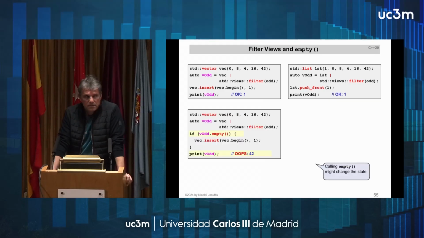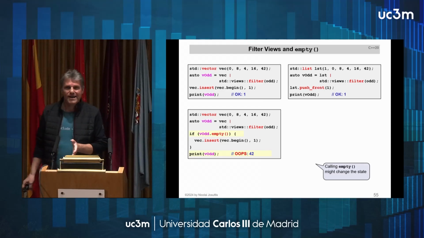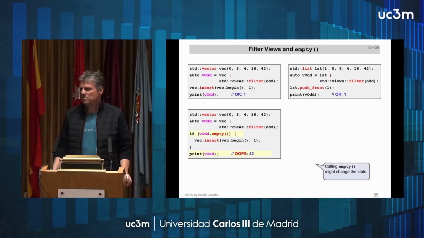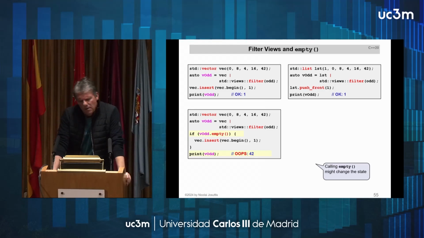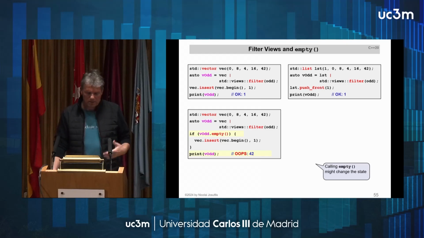If you add a precondition for inserting a 1, only if the view is empty, you have screwed up your program. In this case, we get the 42, because that is the place of the end, where formerly there was the end. Formally, I think this is undefined behavior. I'm not very sure about that. But probably not, because we have the offset.